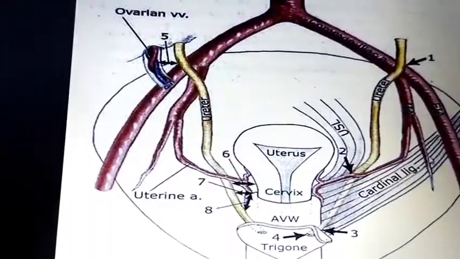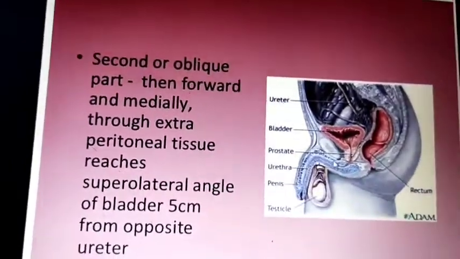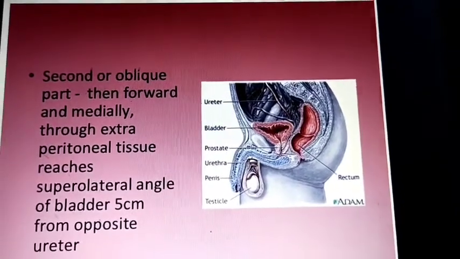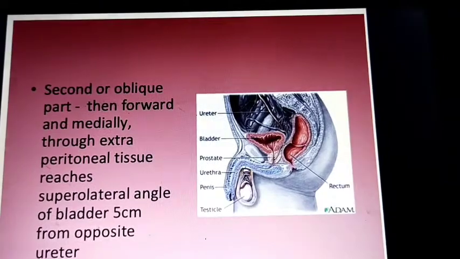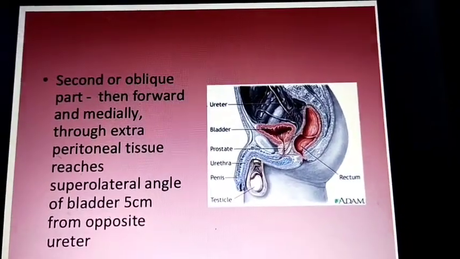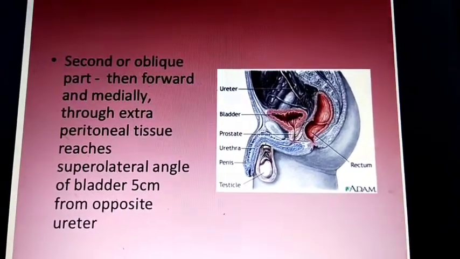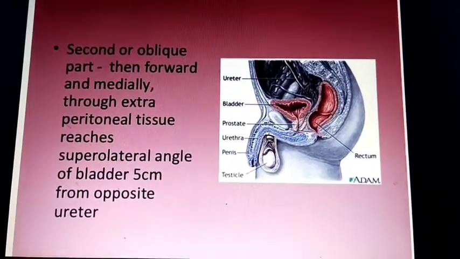Then the second part is the oblique part, where it moves obliquely towards the bladder. It moves forwards and medially through the extraperitoneal tissue and reaches the superior lateral angle of the bladder.